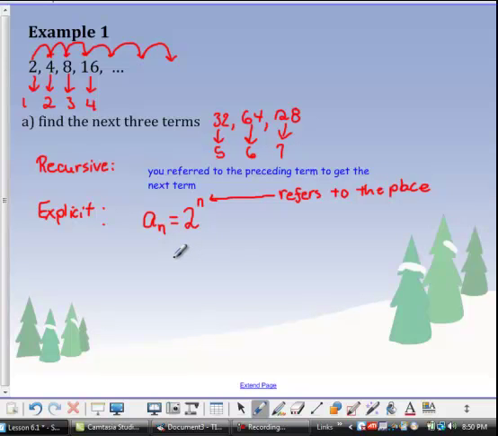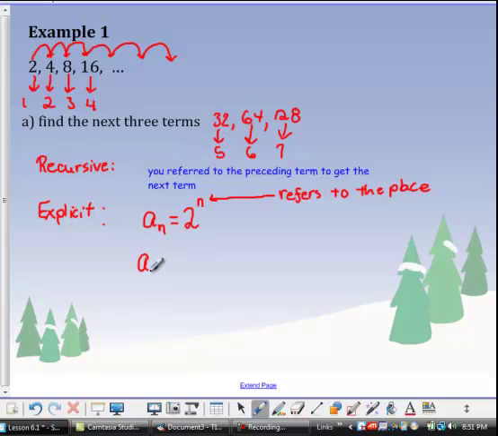All right, let's say I wanted to find the 200th term. Well, I am not about to take this sequence and go out 199 places. So we can use the explicit formula. A is always a variable we refer to a sequence with. Now, you can use any letter you want.